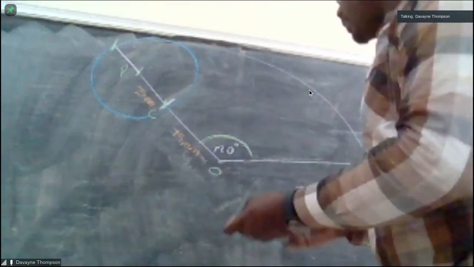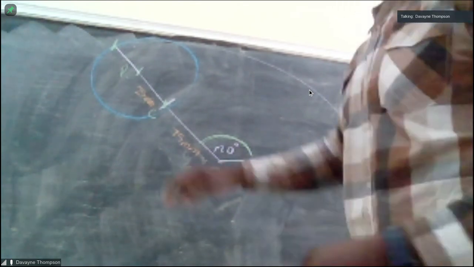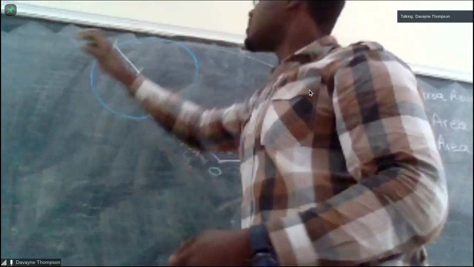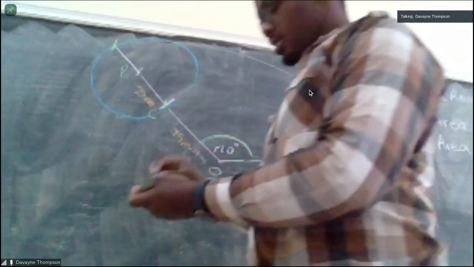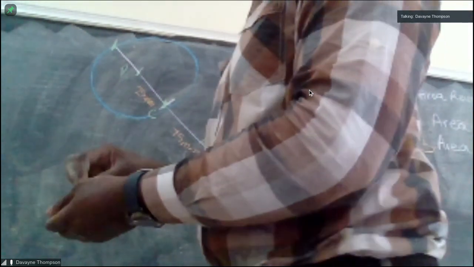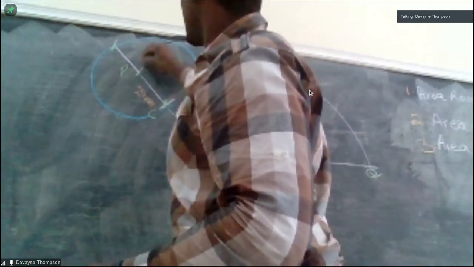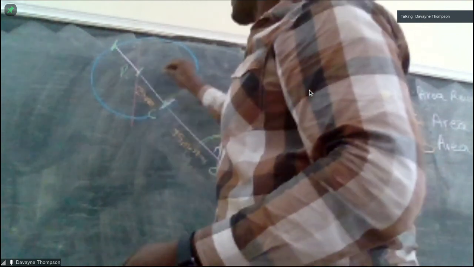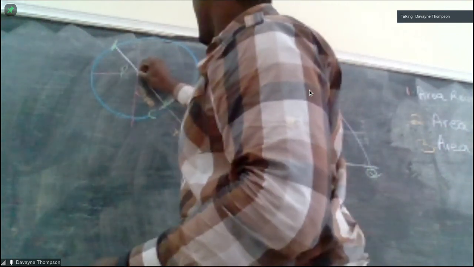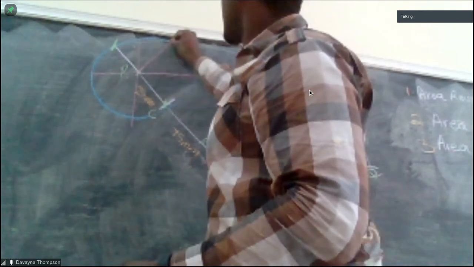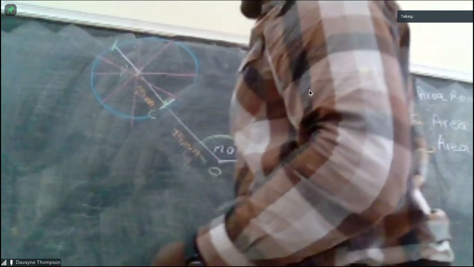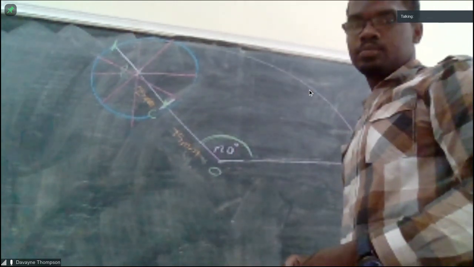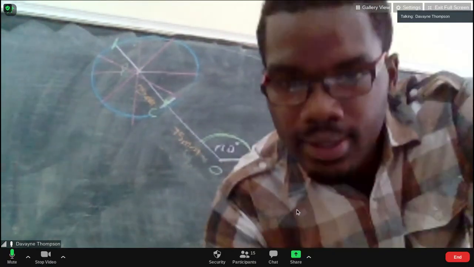Now the next thing you're going to do is divide your circle into 8 parts. Quickly, just use the color pink to divide it into 8 parts. I'm going to go vertically upwards, downwards, going across.